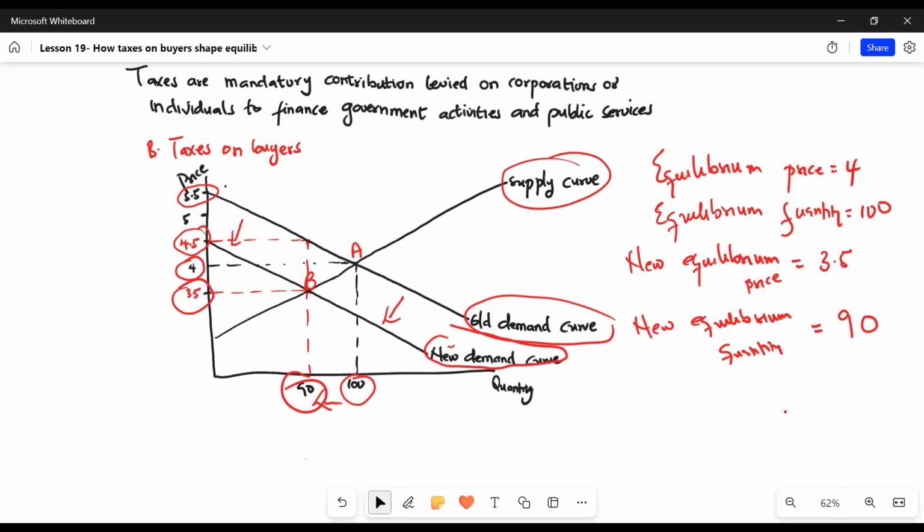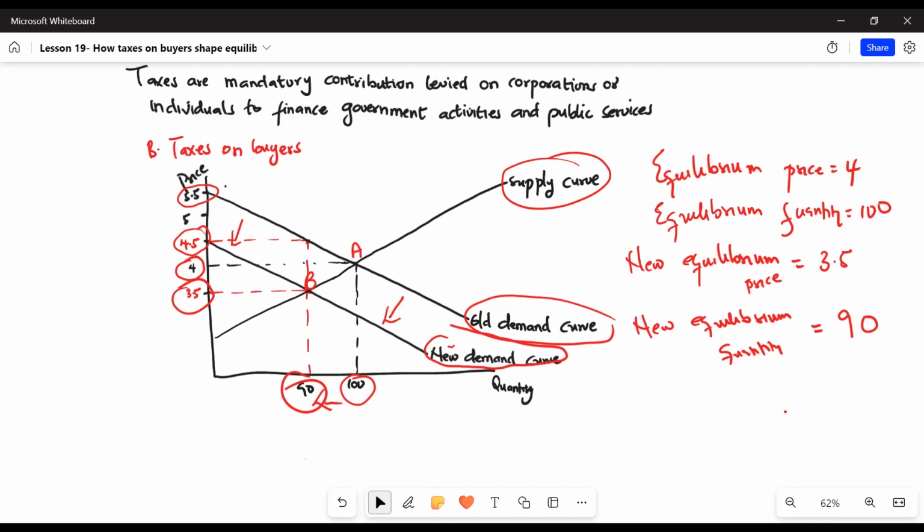Now let's show this on the curve. Before the tax was implemented, the equilibrium price was 4. So producers were receiving £4 per apple, and buyers were paying £4 per apple.